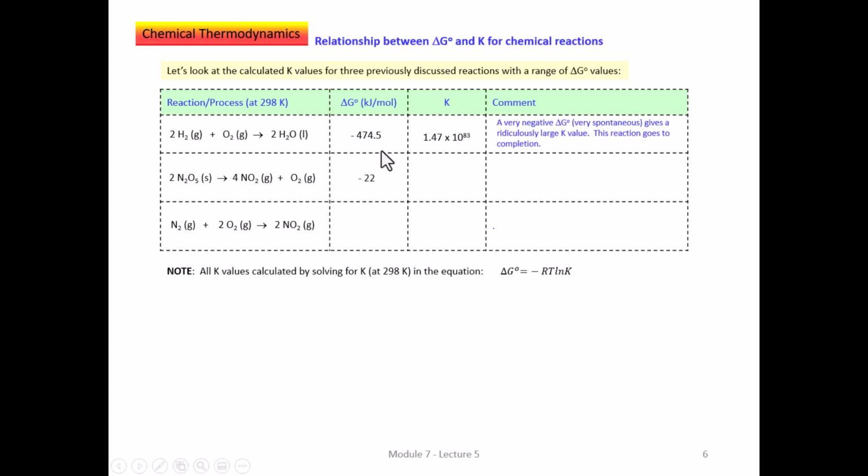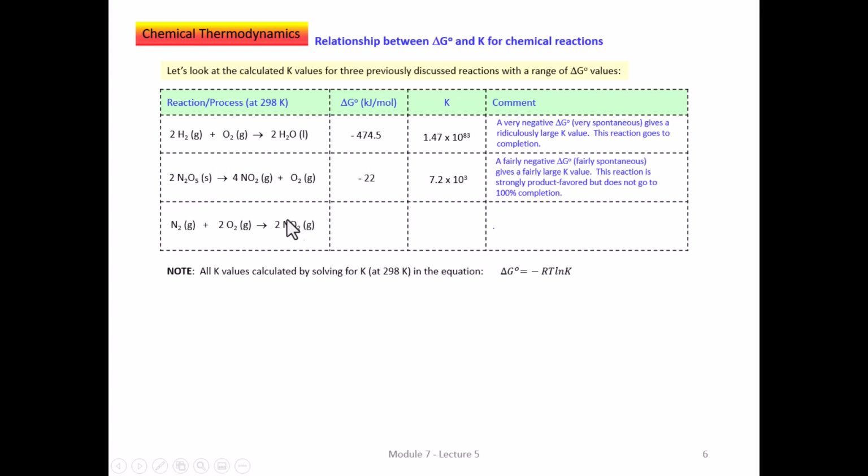That's more modestly spontaneous, so it has a more modest K value. It's on the larger side, but it's nothing like this K value. A fairly negative delta G, a fairly spontaneous reaction, gives a fairly large K value. So the reaction is strongly product favored, but definitely doesn't go to 100% completion.